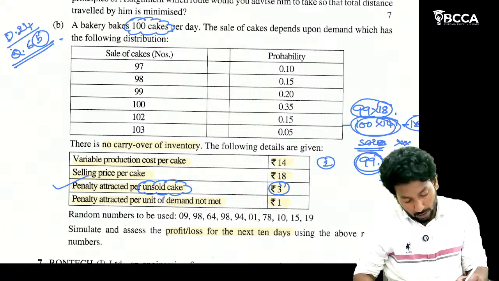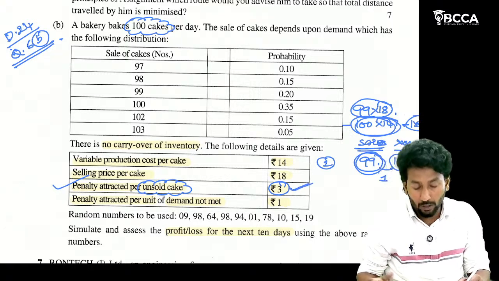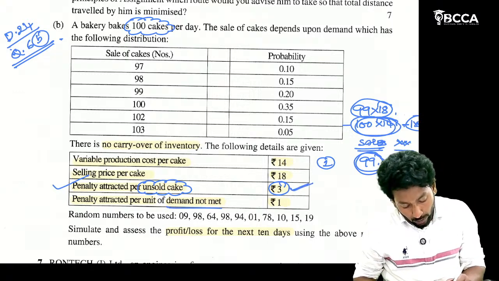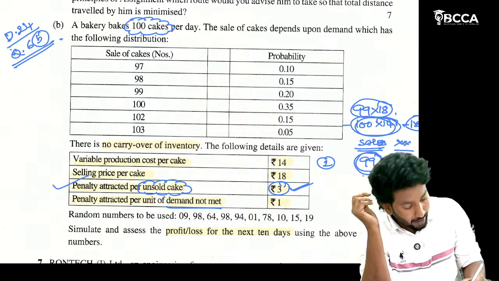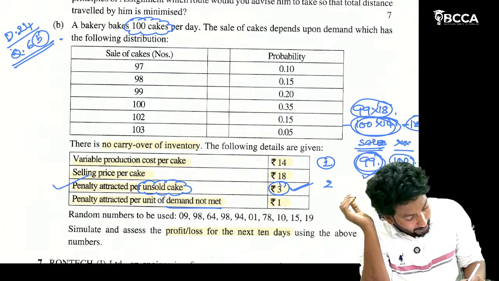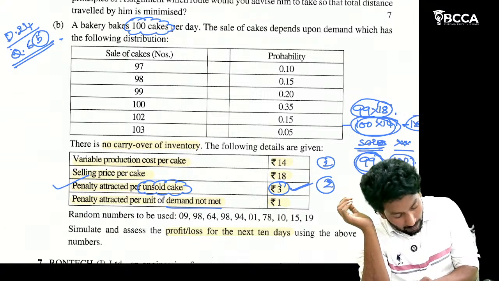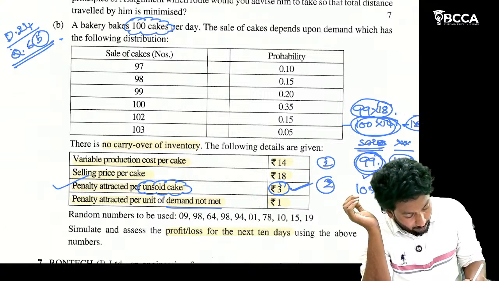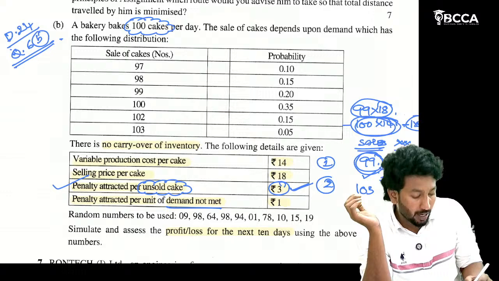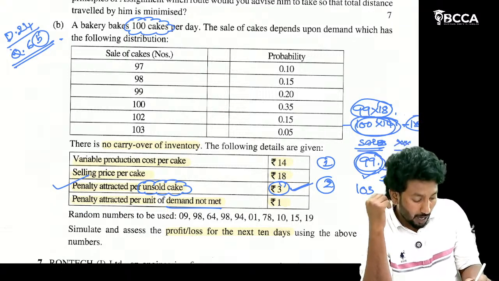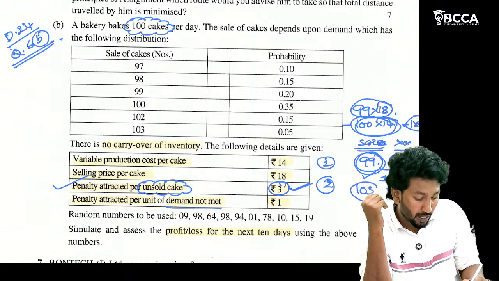Penalty attracted per unit of demand not met. Let's say for example on the second day expected sales demand is 103, but we will have production of 100 units only. We cannot sell more than the supply of 100 units, right?